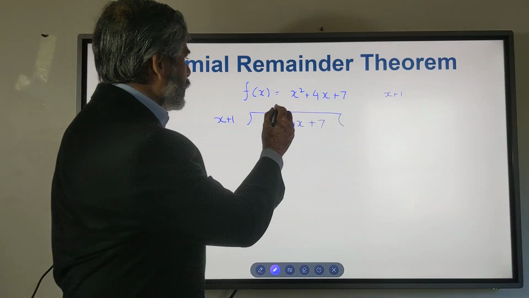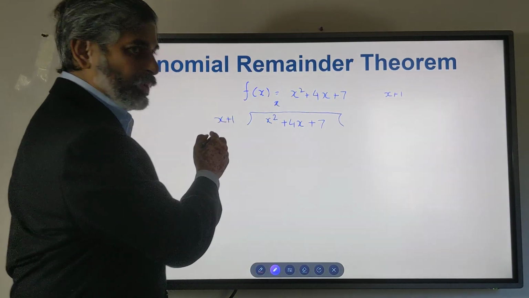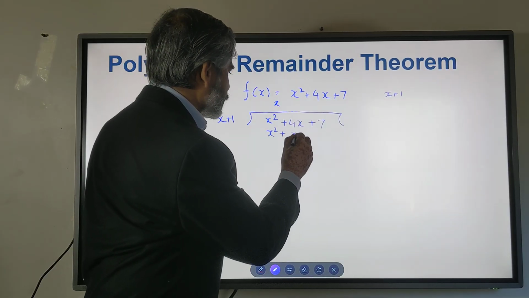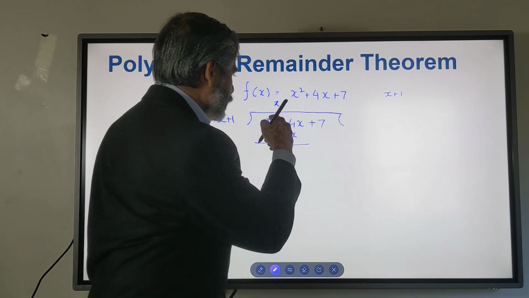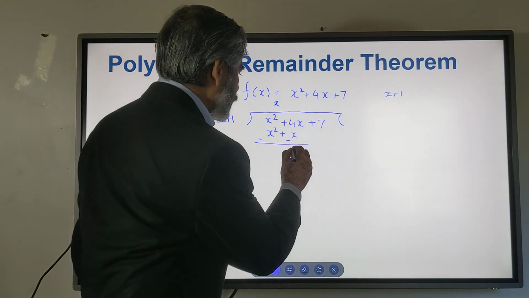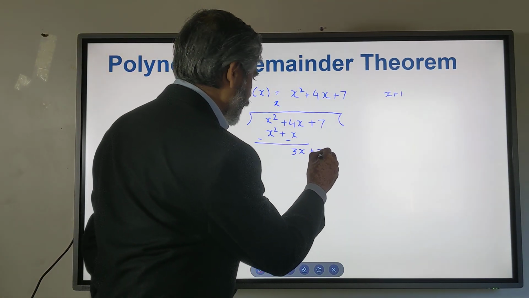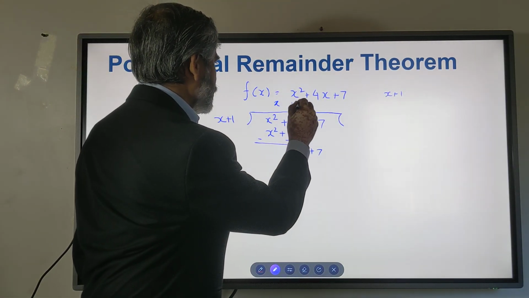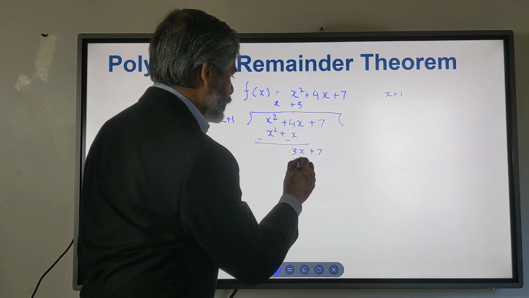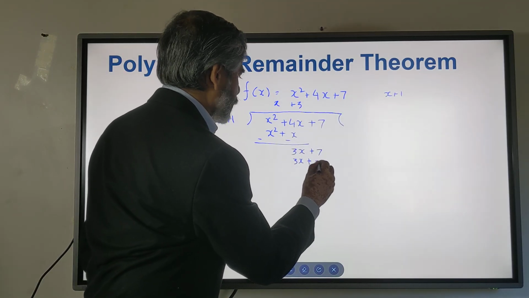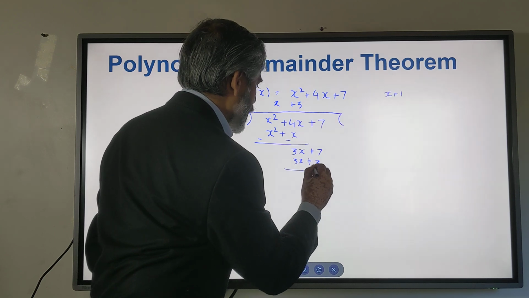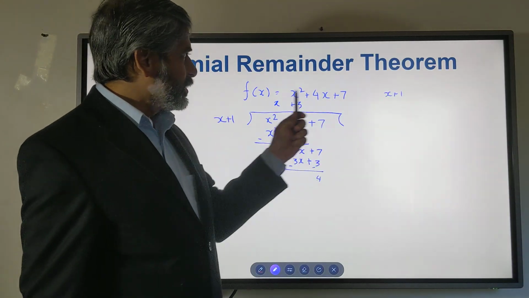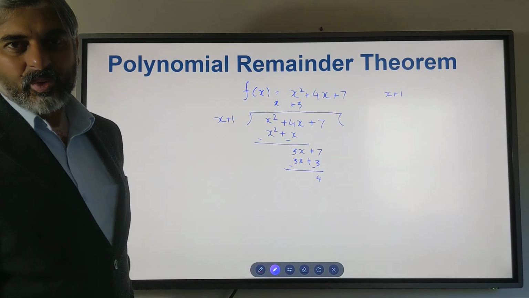So all we do is write x here, multiply x with x plus 1, we get x square plus x, and subtract this one, so we get 3x over here and plus 7. Now I can multiply this x plus 1 with 3 to get 3x plus 3, and when I subtract it I get remainder 4. So the 4 is the remainder when you divide this expression by x plus 1.